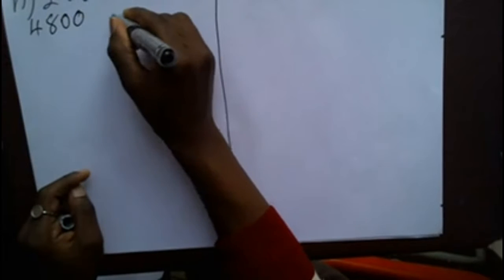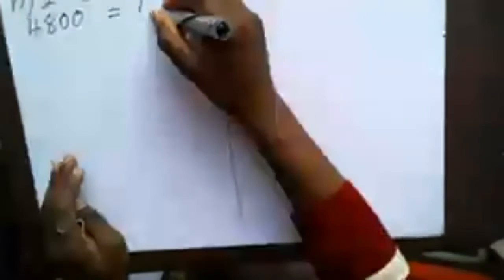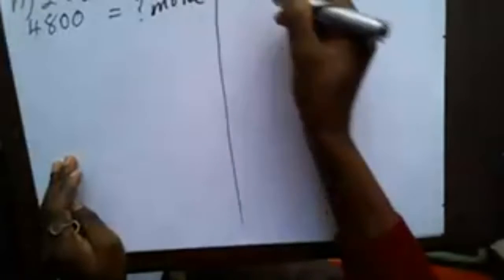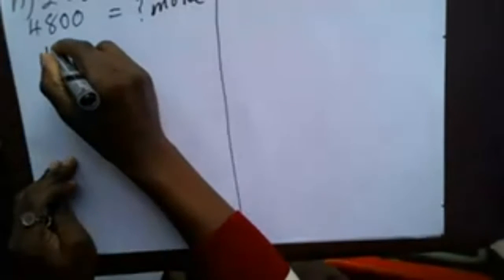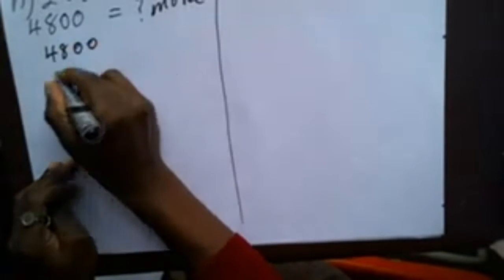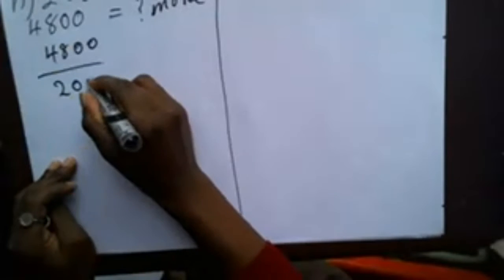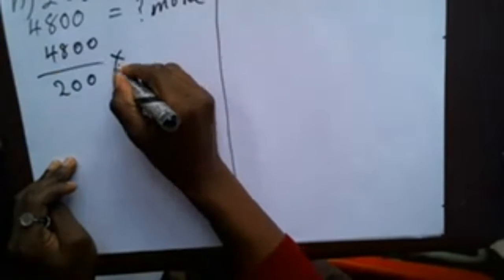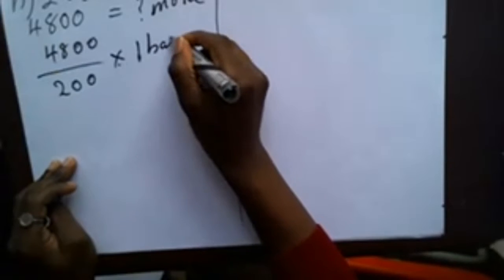How many do we need? We need 4,800. Do you think it is going to be more or less batches? Of course, more. If it is more, what do we say? Over, multiplied by batch.